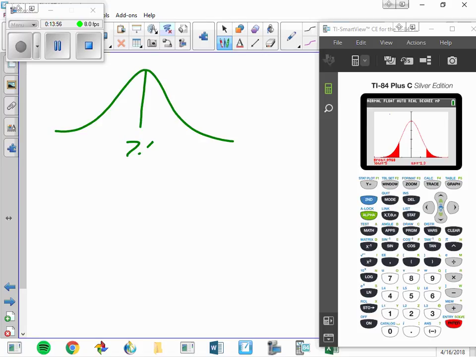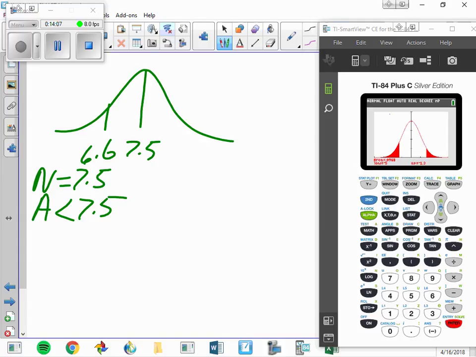So 7.5, 6.6. My null is equal to 7.5, and my alternative is less than 7.5. I can't create an SD because it's not a 0, 1 box, so I have to use the SD of the sample, which was 9. SD equals 9. Do I need an SD plus? 100?